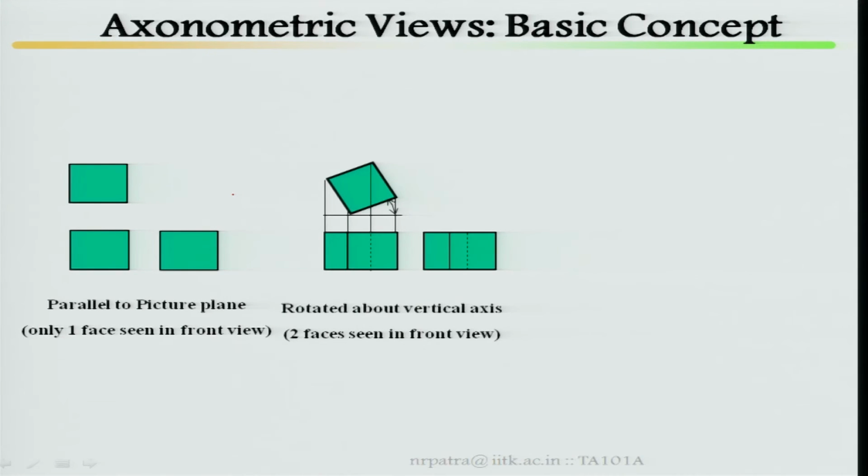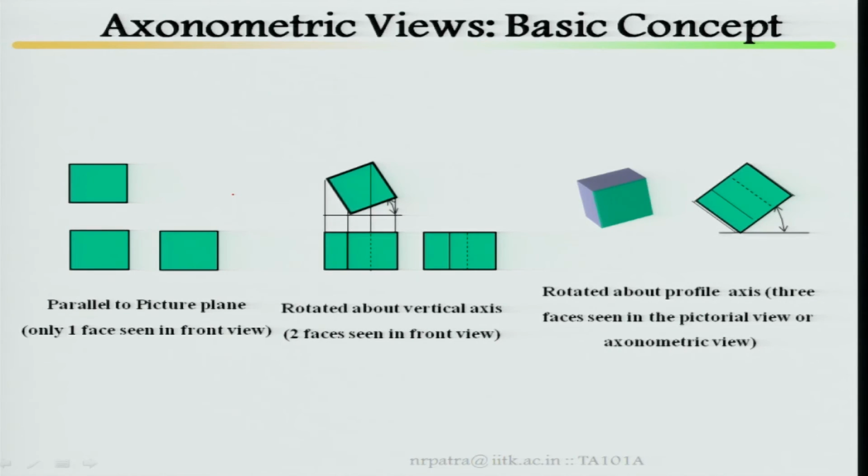Rotated about vertical axis, as I explained two slides before. With respect to the vertical axis, it has been rotated. I can see two faces in the front view. Parallel to picture plane, only one face I can see in front view. Rotated about vertical axis, I can see two faces in front view.